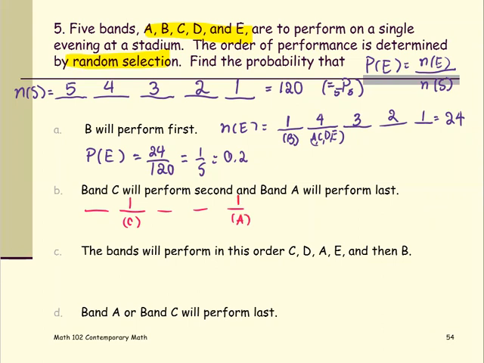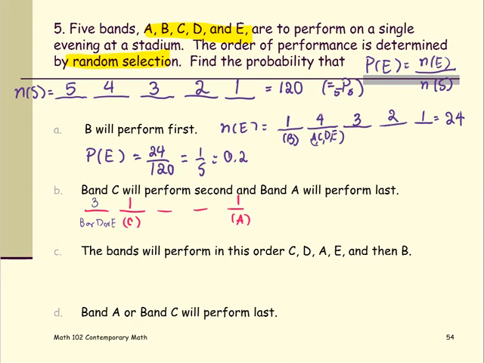After we fix the second and the last performance, the first one will have 3 options, either band B or band D or band E.